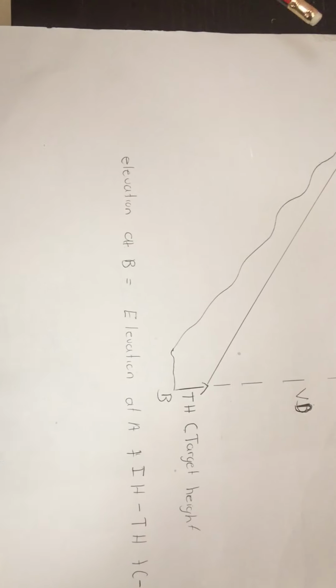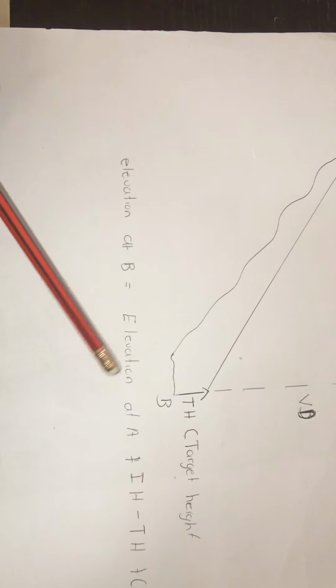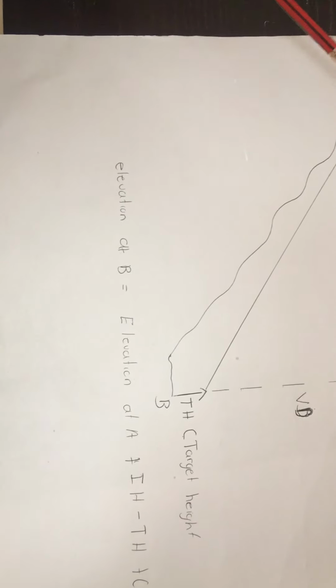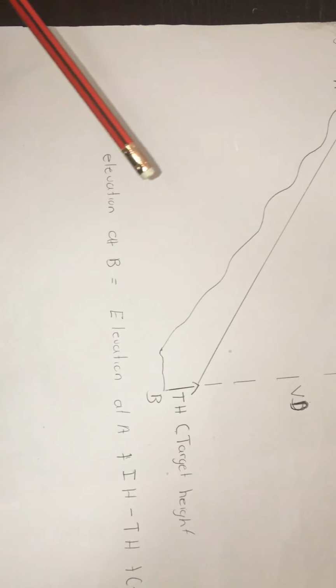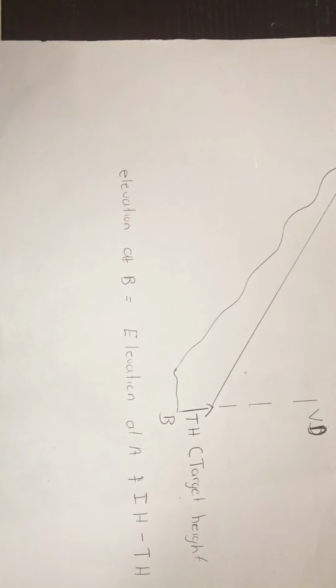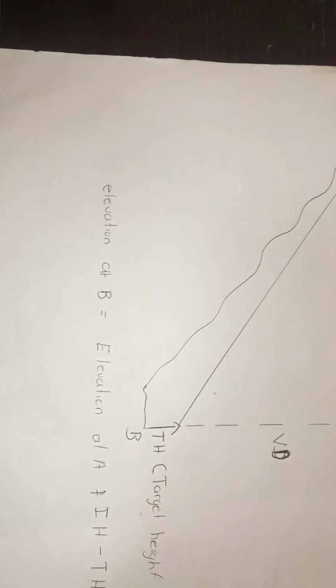So to determine it, it will be the elevation at A, which is known, which is your station, now above, plus your instrument height. As I said, you always subtract your target height, minus your target height. And because you're moving below on your target, that means you subtract VD.